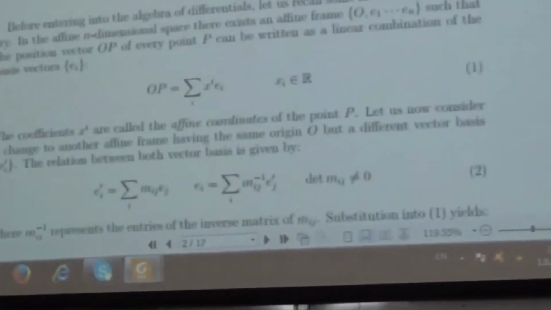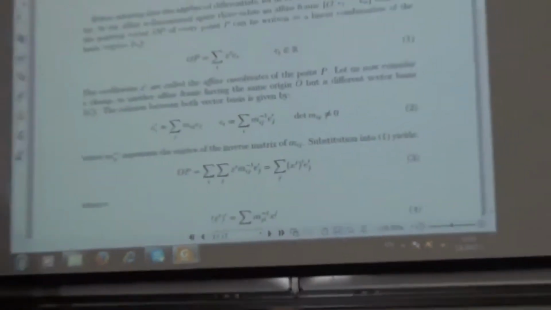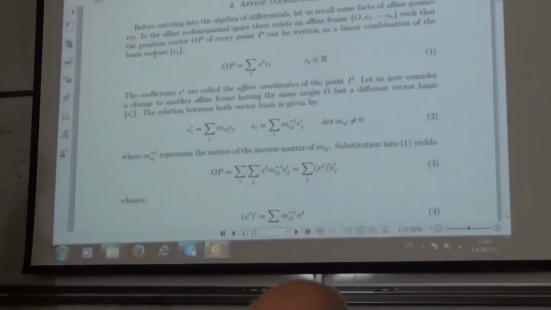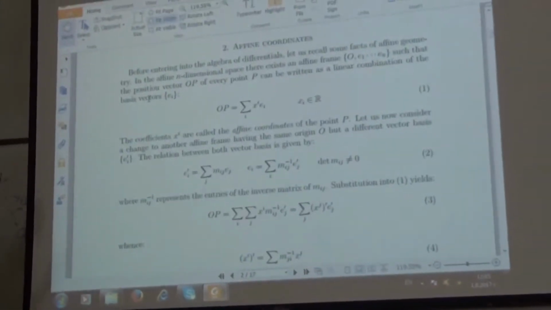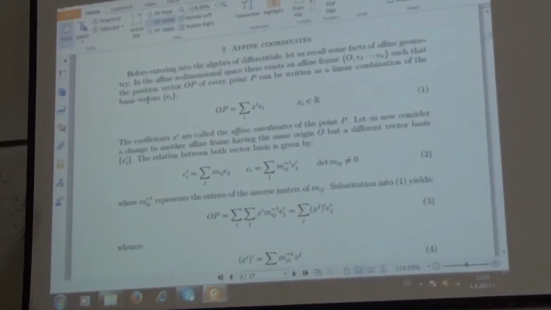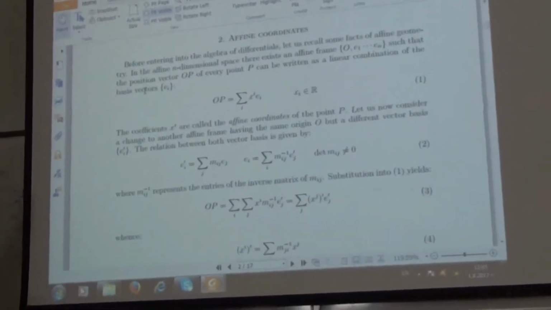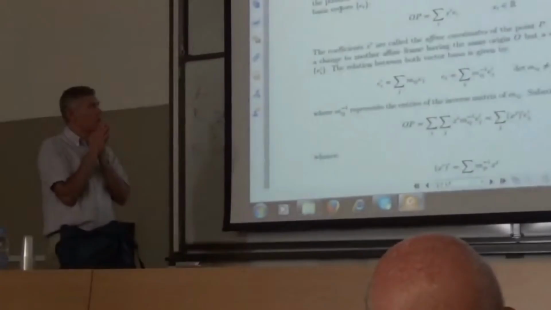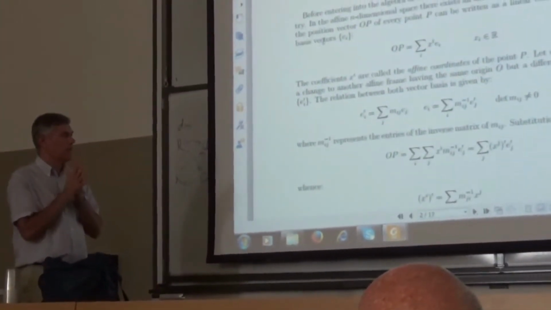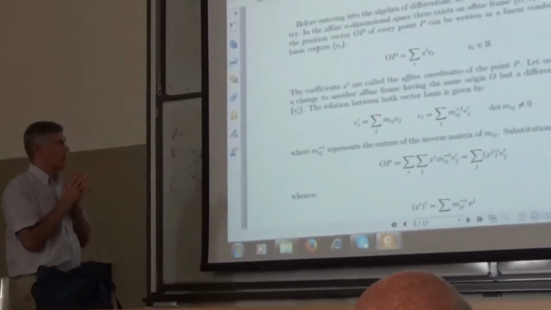Well, why this part about affine coordinates? Because there is a question I believe has importance, which is the relation between the geometric directions of the differentials and of vectors.